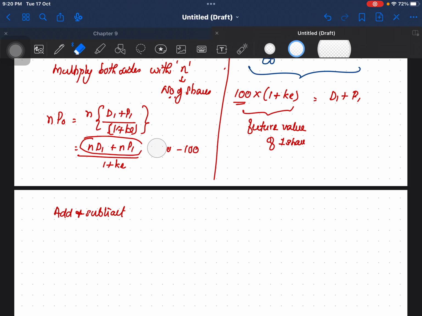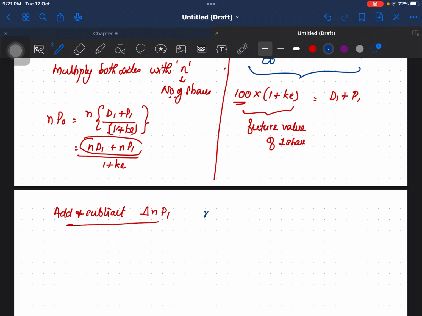Similarly, I am going to add a constant value, delta nP1. So while modifying the formula, it will be nP0 is equal to nD1 plus nP1 plus delta nP1 minus delta nP1, divided by 1 plus KE.